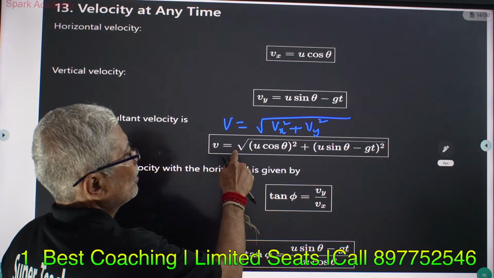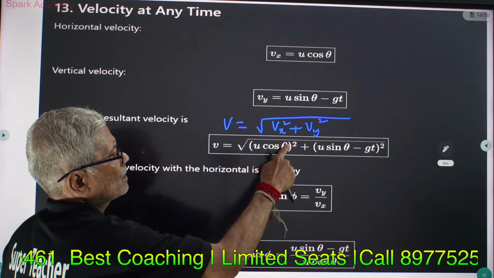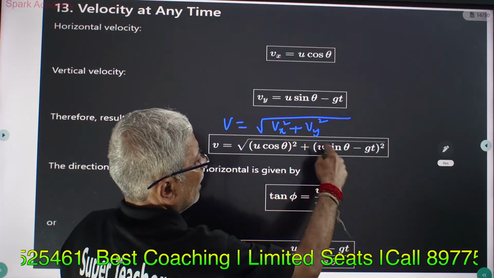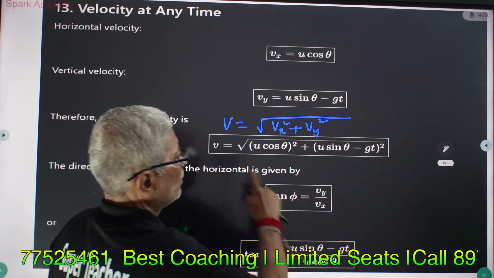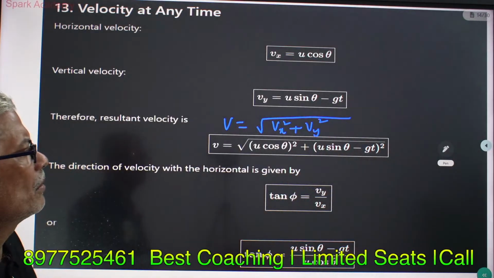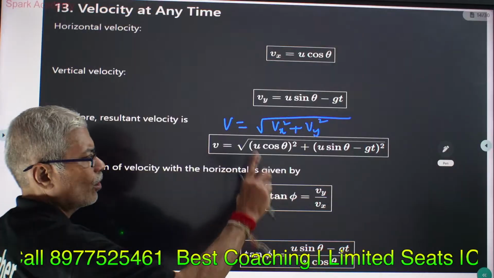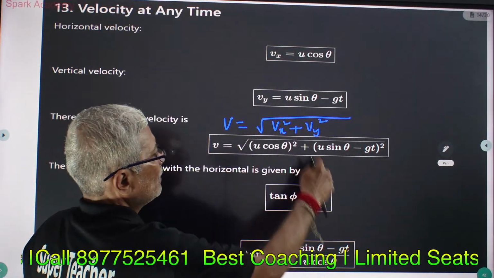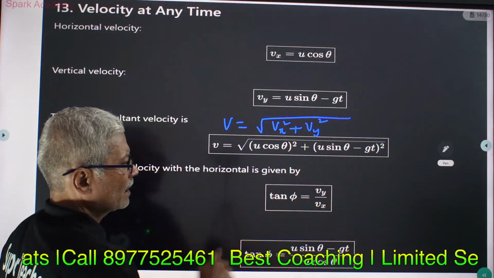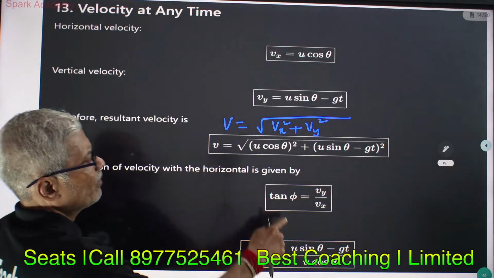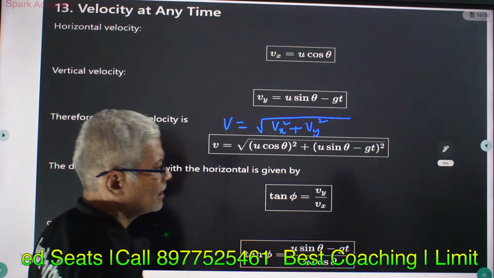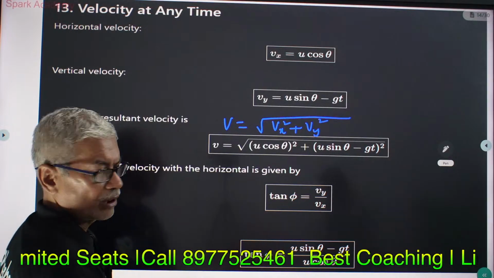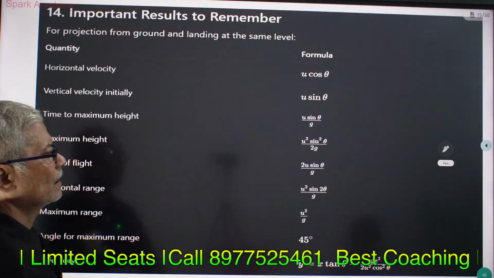So V will be equal to the square root of u cos theta whole square plus Vy square. You can simplify or remember the formula. And tan theta is Vy by Vx. Substituting Vy, tan theta is u sin theta minus gt by u cos theta. So this is the formula.